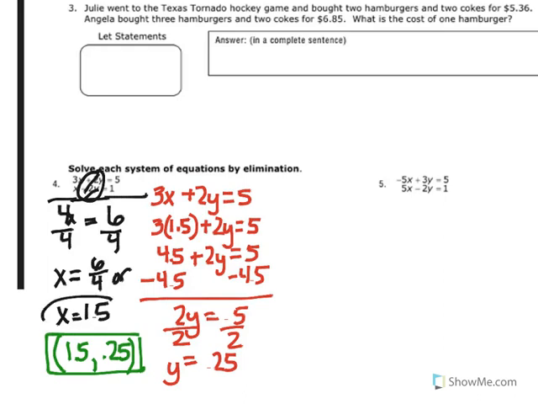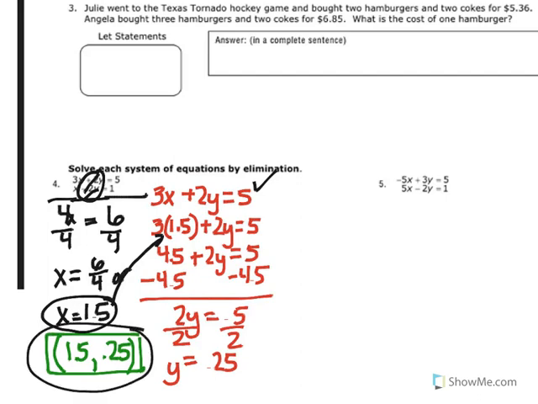So now I took this 1.5 and plugged it in for x in the other equation, 3x plus 2y equals 5. And you get 4.5 plus 2y equals 5. Subtract 4.5, 2y equals 0.5. Divide by 2, y equals 0.25, or 25/100. So here's your ordered pair.